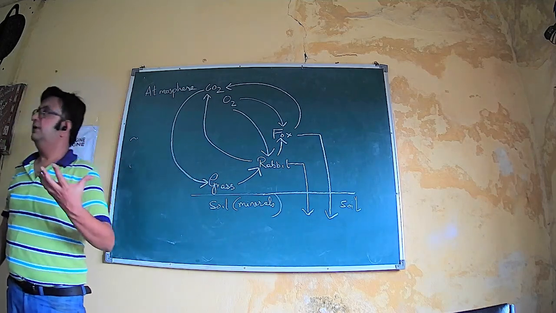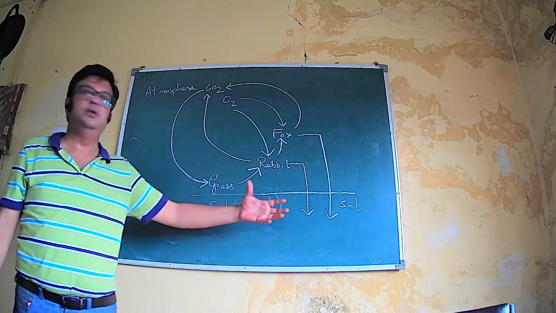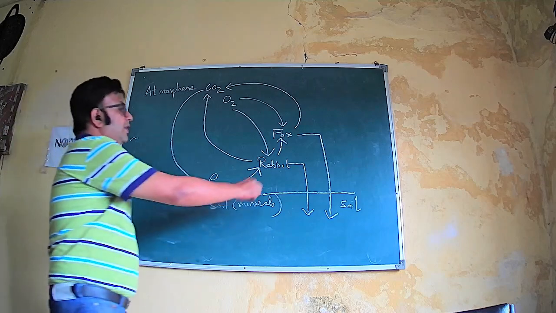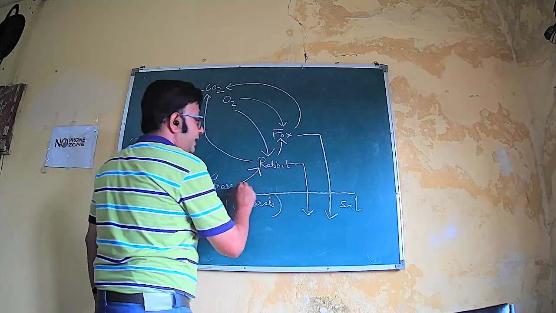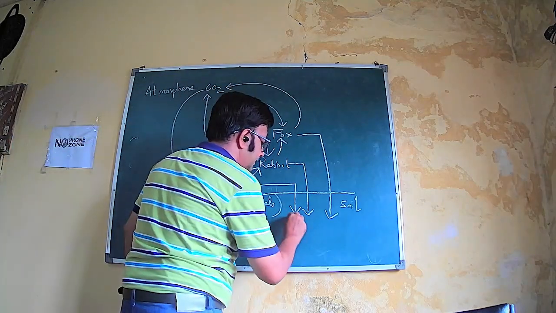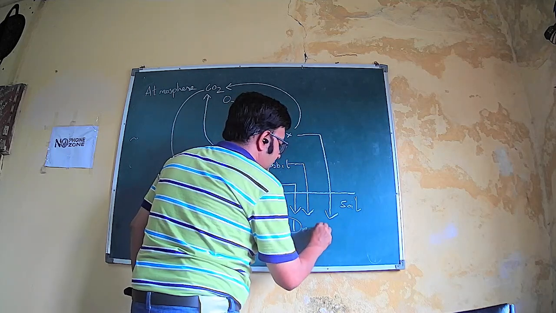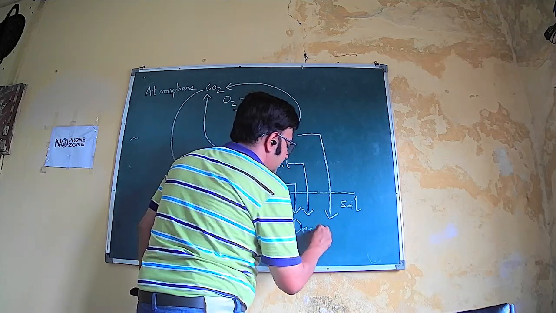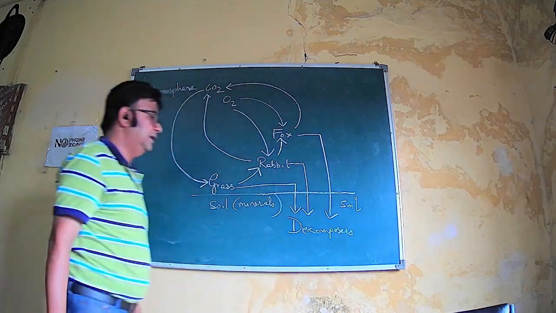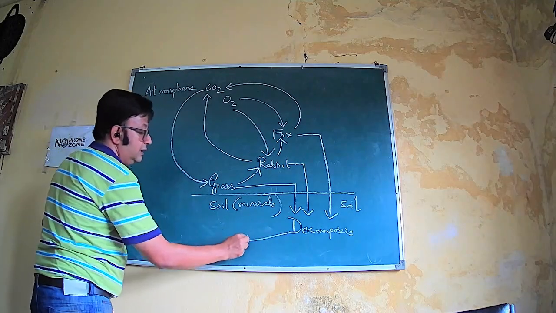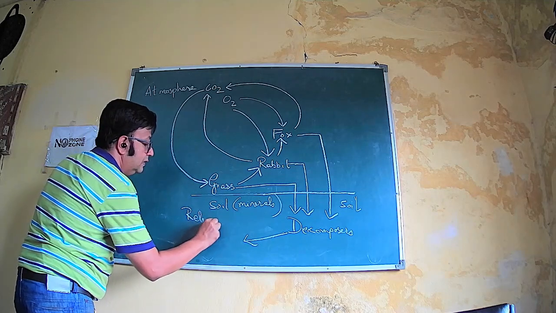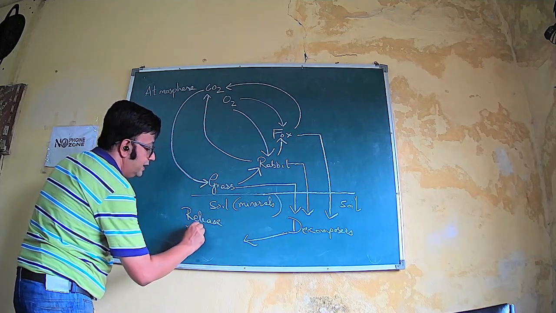Grass produces carbohydrates which are taken by rabbit, and this rabbit is eaten by the fox. And then the fox and the rabbit and the grass, they die and they decompose. So you have decomposers. And what they do? They release the minerals in the soil.